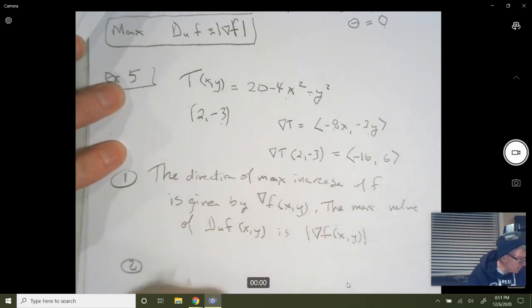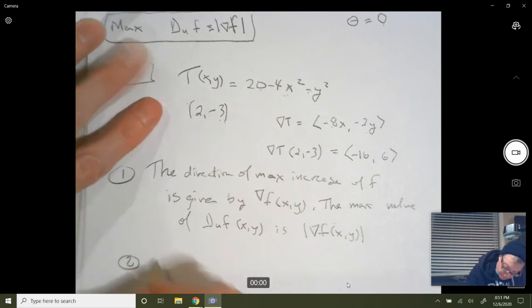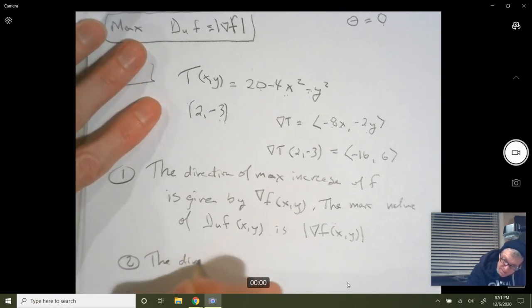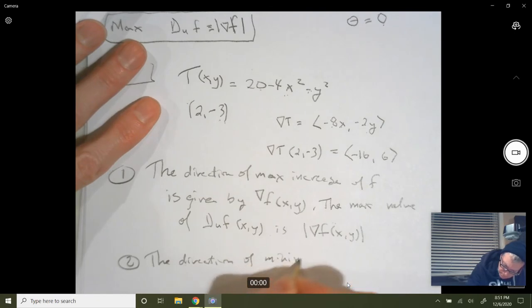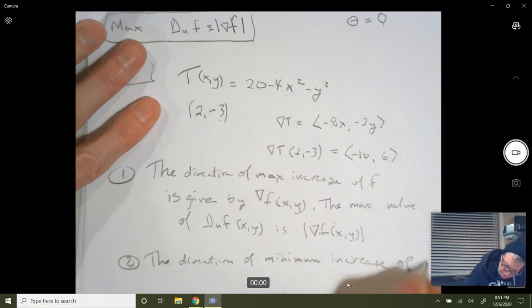The next point is the direction of minimum increase of f is given by the opposite of the gradient of f of x, y.